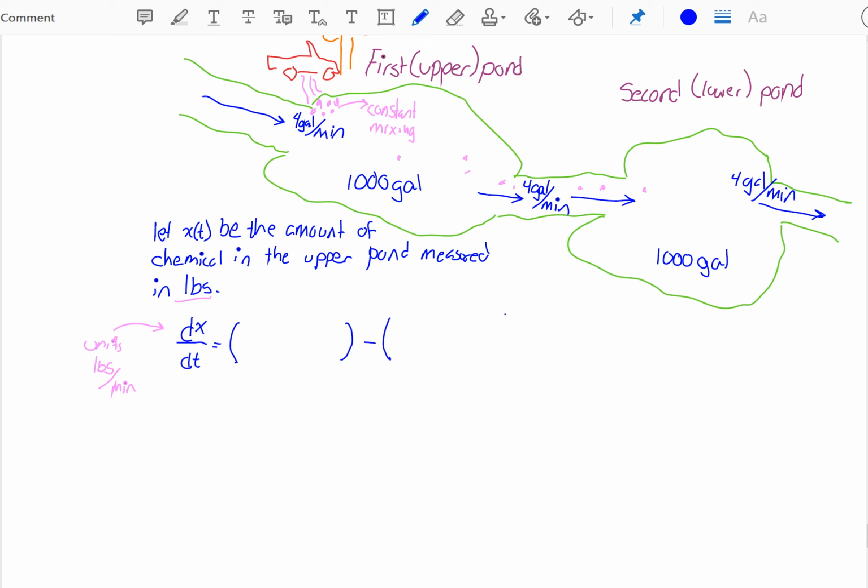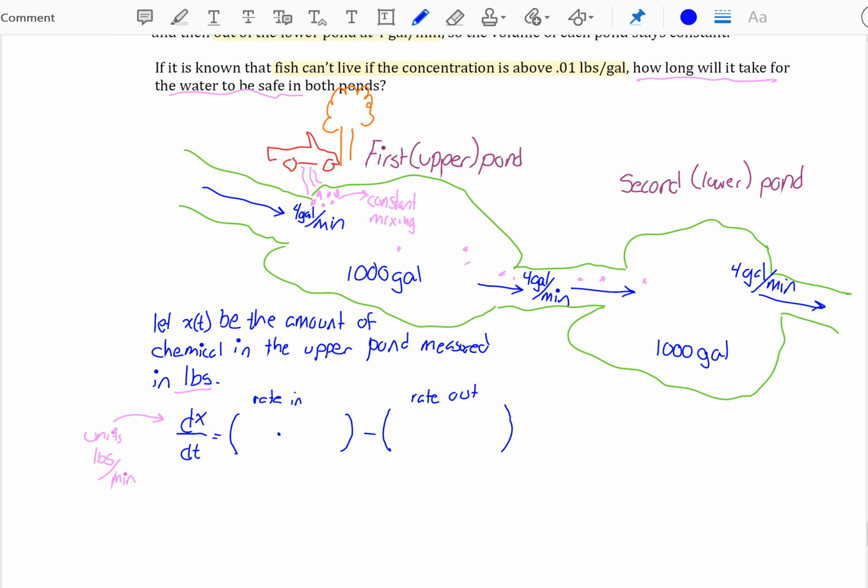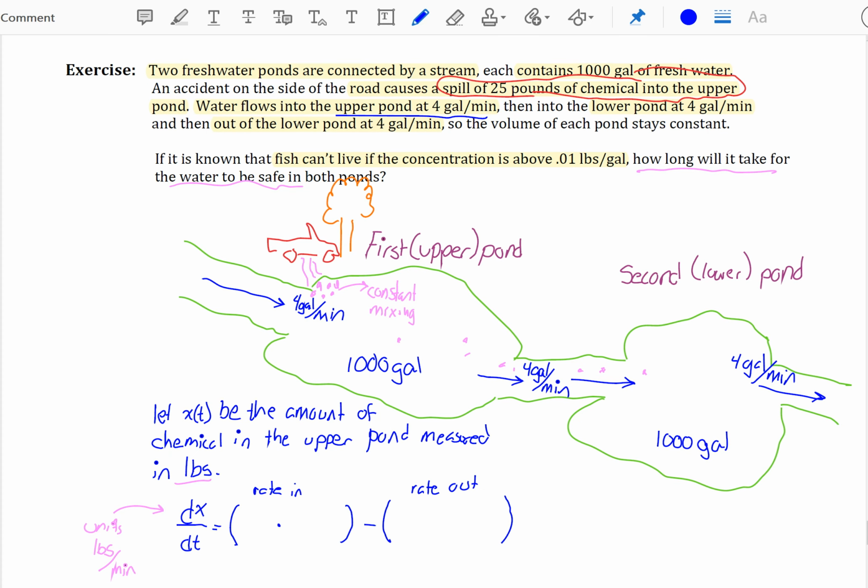Remember, this differential equation is always going to be the difference between the rate in and the rate out. And the way I view this problem is you had two freshwater ponds. So the water coming into the upper pond is going to be clean water. The accident is what caused the spill of a chemical. It's not flowing in at some constant rate.